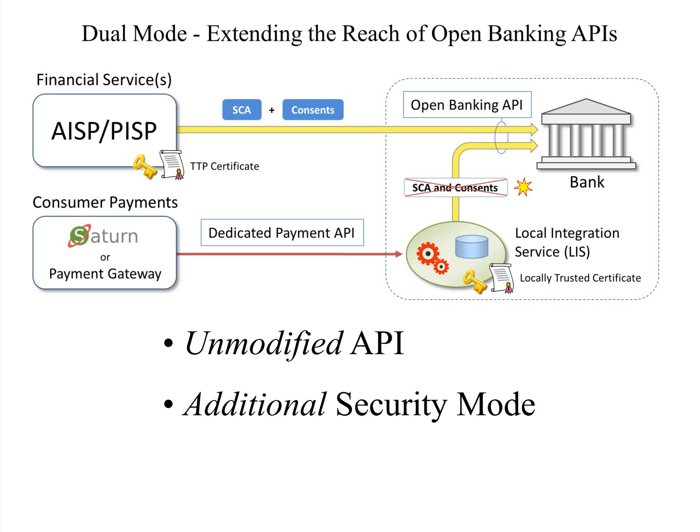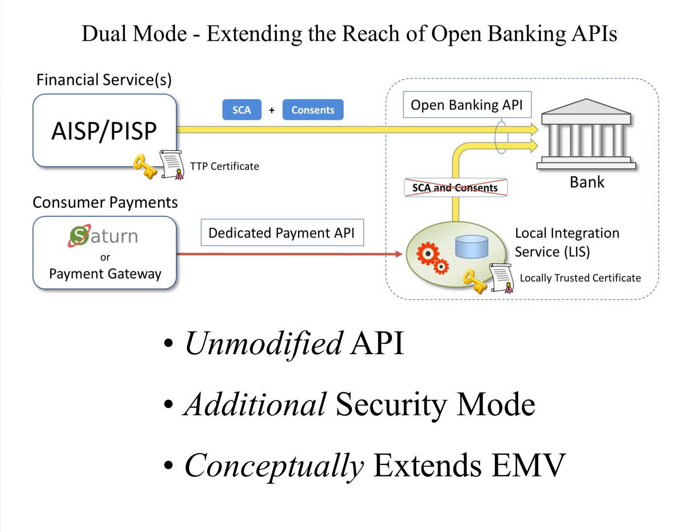Doesn't that mean that the payer is unauthenticated? That would be terrible, but fortunately that is not at all the case. The dedicated payment API builds on a security concept that is already used by billions of people, the EMV standard. The way EMV supports SCA was actually established decades ago.